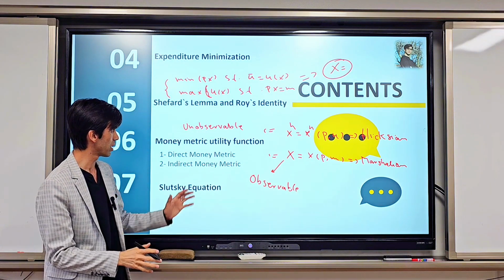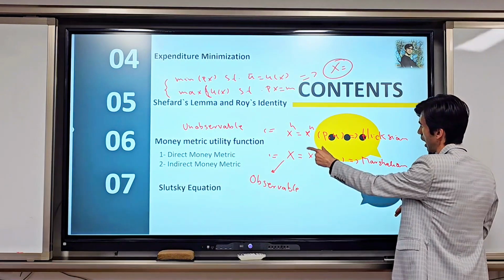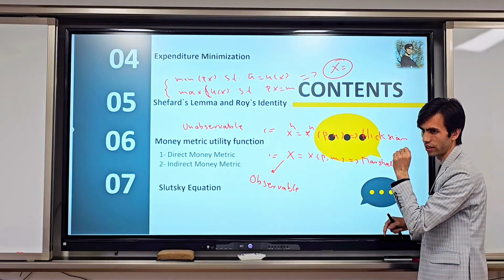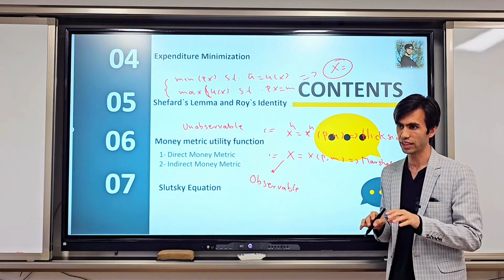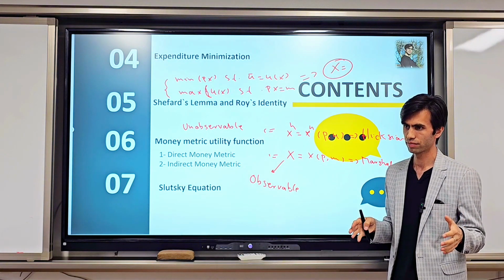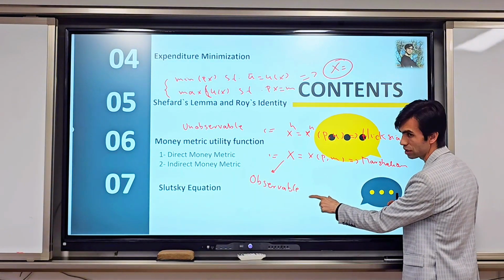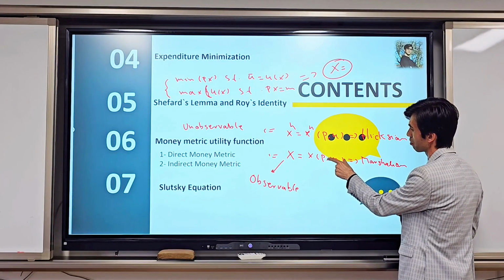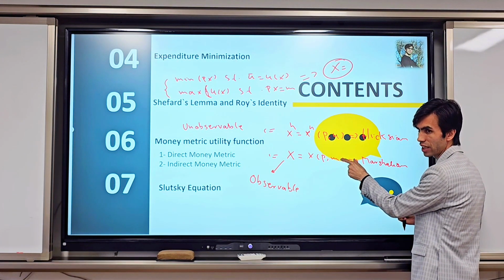Why observable and unobservable? Because in Hicksian demand function, our demand is a function of utility, and we know that we cannot observe utility in terms of numbers. But Marshallian demand function is called observable demand function because it's a function of P and M. Specifically, it's a function of M or our income.